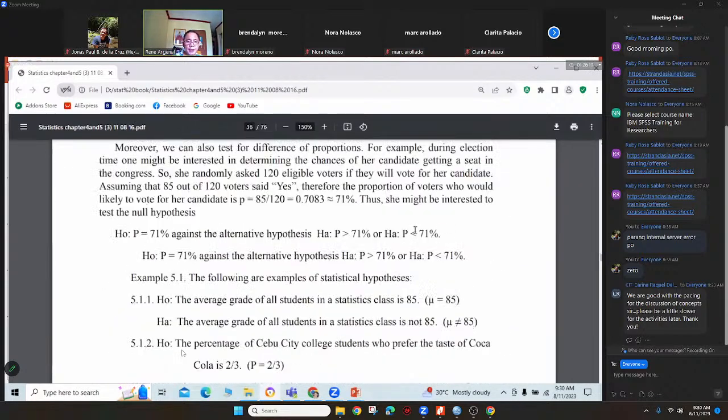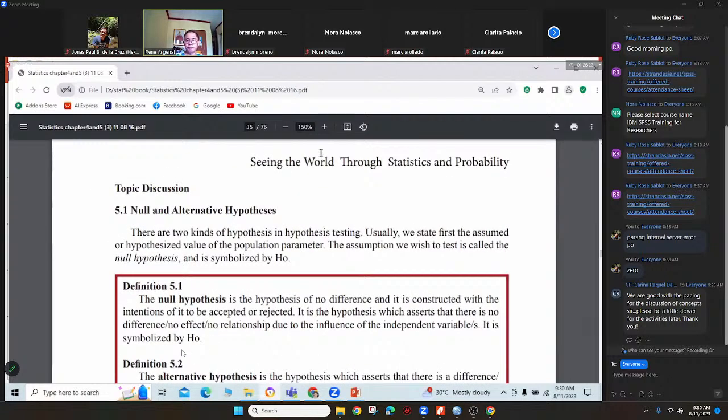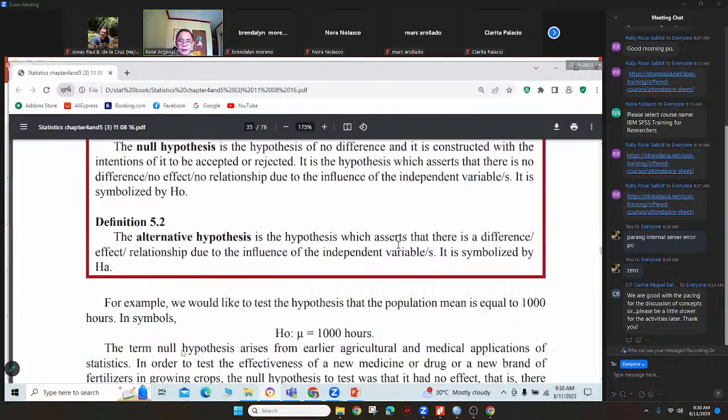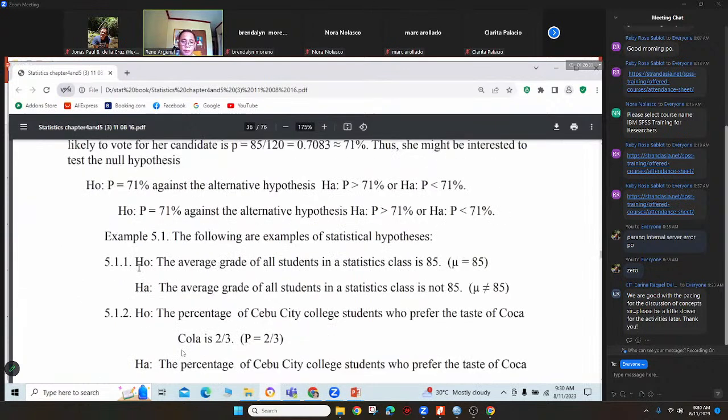Okay, perhaps just to give you some examples of the null and the alternative hypothesis. The following are examples of statistical hypotheses. The average grade of all students in the statistics class is 85. So it is equal, that is null.